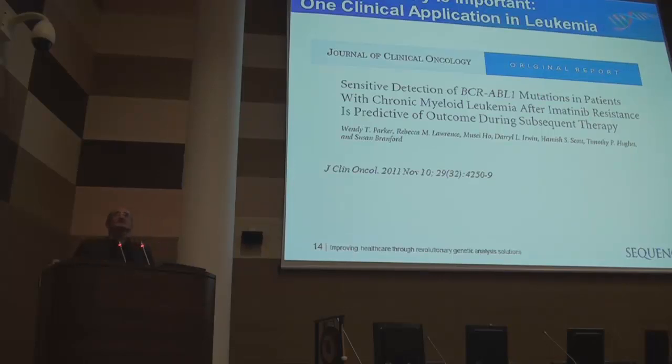So all of these patients have an abnormal genome. That chromosomal translocation brings together two genes inappropriately, the BCR gene and the Abl kinase. And this abnormal gene product, the protein that results from this chromosomal translocation, causes the disease. This is the root cause of CML.